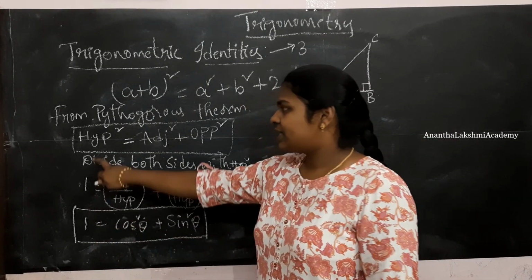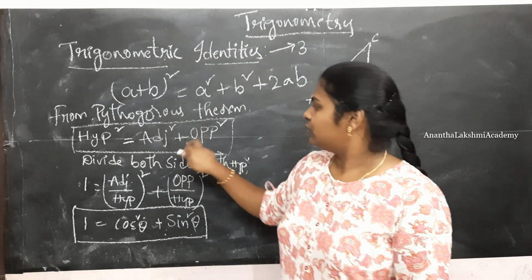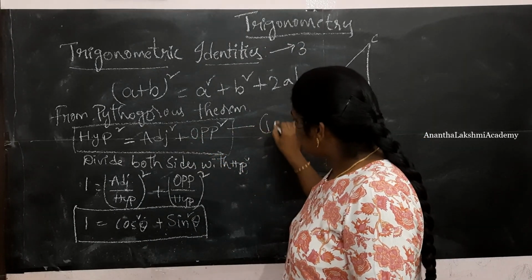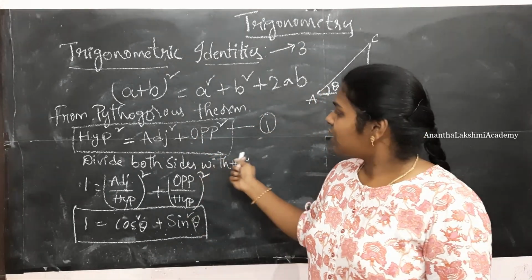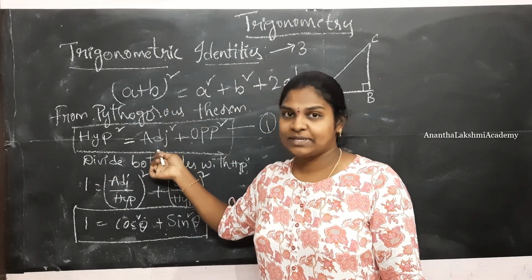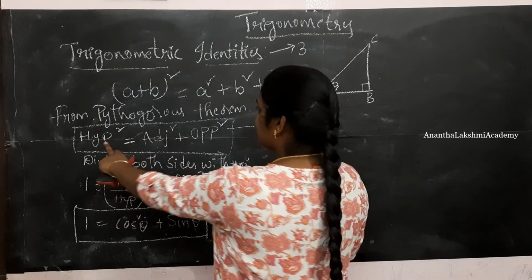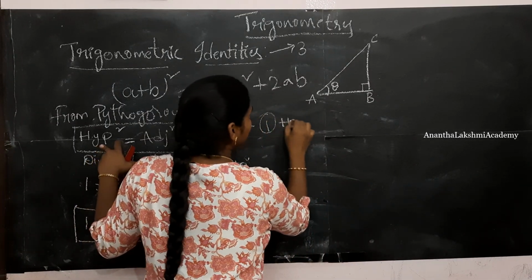Okay, first, what did I do? I just divided it by the hypotenuse square. Now, let me consider this as equation 1. We are going to divide this by adjacent square. Let's see what happens when we divide this by adjacent square. Okay, what is one? Hypotenuse square, right?